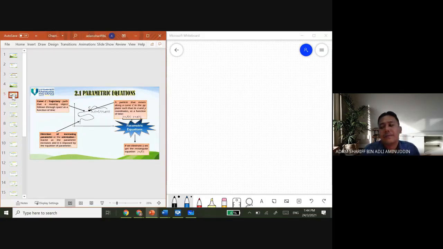For example, kamu tengoklah kat sini, parametric equation can actually represent a much more complex movement of a particle. Kalau dalam fizik lah, saya tak pandai fizik sangat. Dia ada banyak pergerakan ni tidak stationary. It's non-deterministic. Dia tidak tentu.